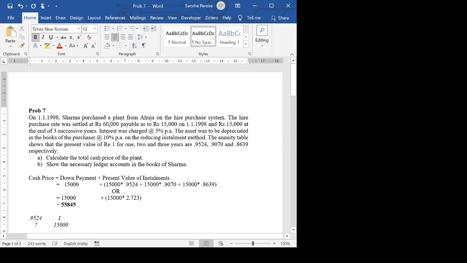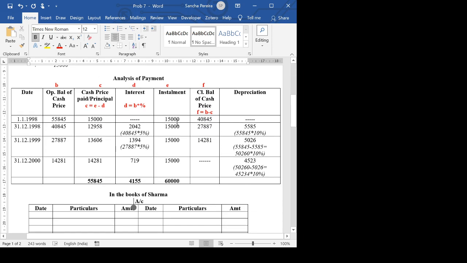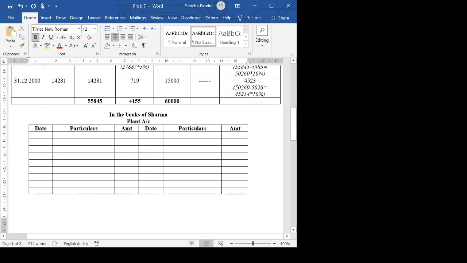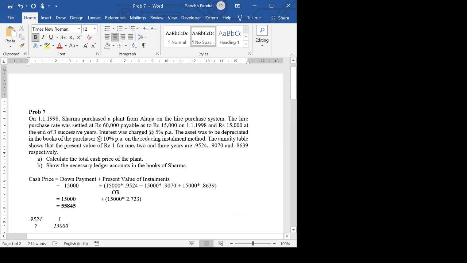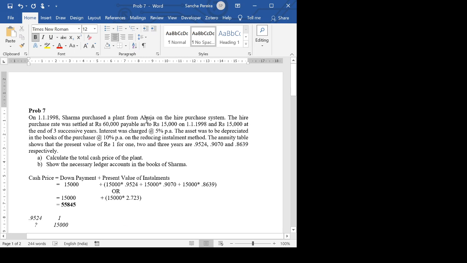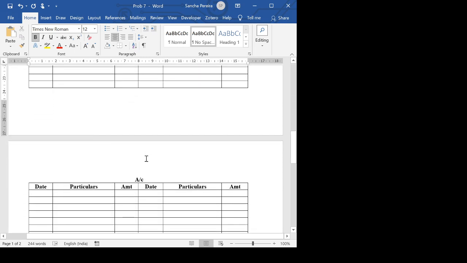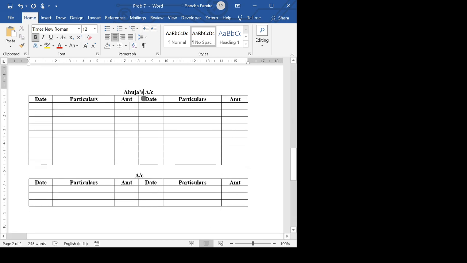First is the asset account, called plant account. Then we have the hire vendor, Sharma purchased from Ahuja, so we have Ahuja's account, and finally the interest account. They've not asked for a balance sheet in this part.